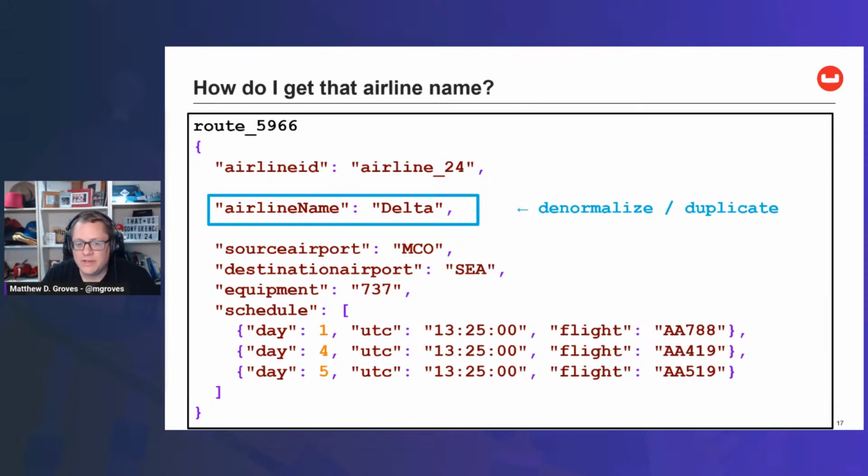But this does eliminate the need for a join. I don't have to go get the airline document or airline row. I can just get it right here. It takes up more space, but storage is very much cheaper these days than it was in, say, the late 70s when relational first came into prominence. And the important thing to consider here is how often does that airline name change, right?